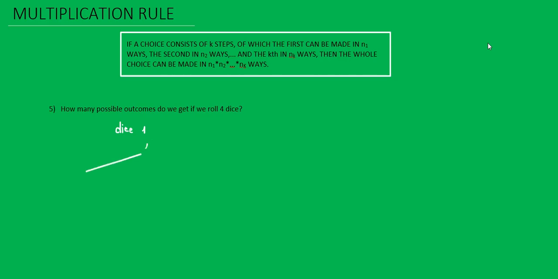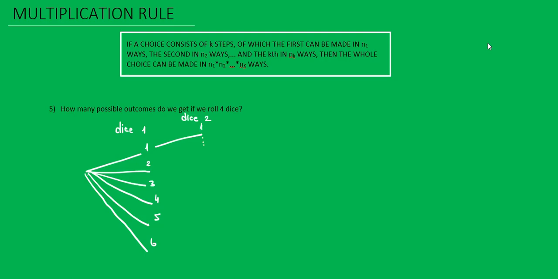So 1, 2, 3, 4, 5, and 6. The second step is counting possibilities for the second dice, dice 2. Of course, again we have 6 possibilities, from 1 till 6. And I'm not going to write all the branches, of course. And this stays the same for the third dice and for the fourth dice.